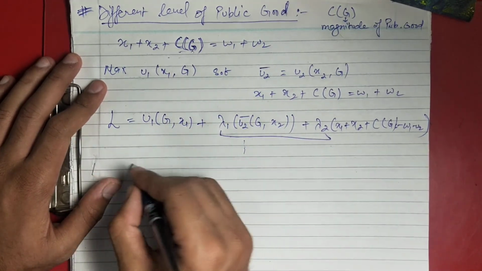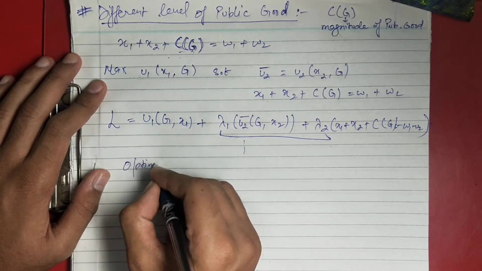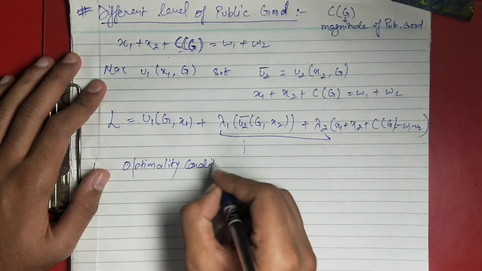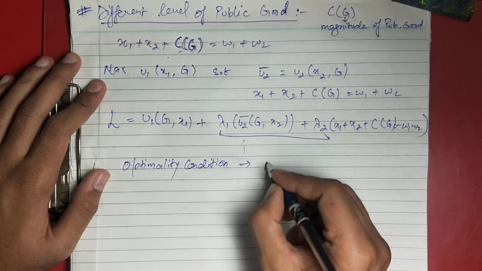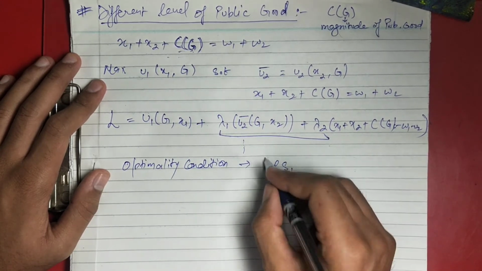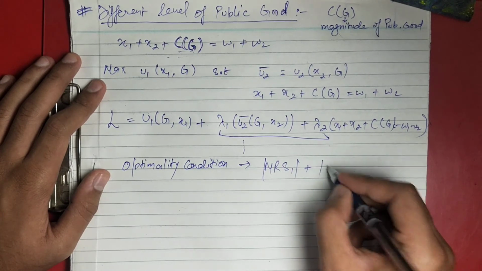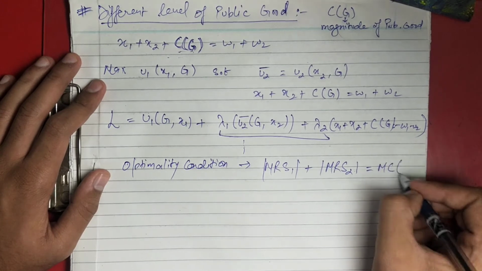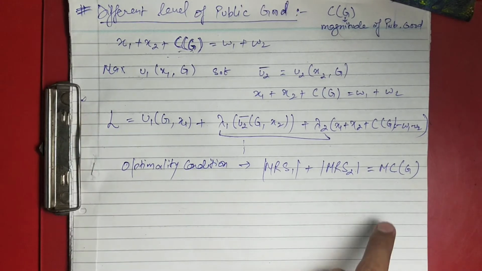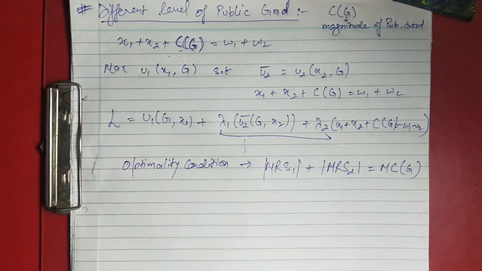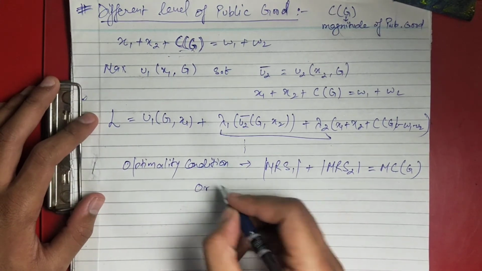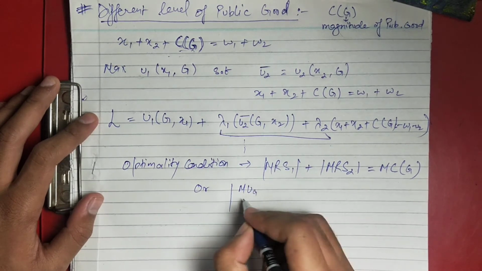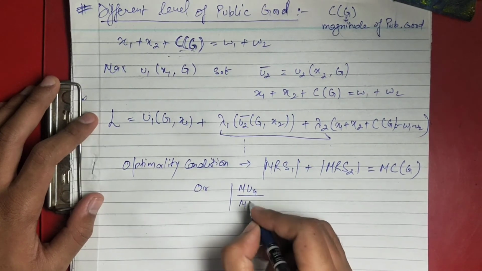After solving, you get the optimality condition, which comes out to be: the modulus of MRS of 1 plus MRS of 2 should be equal to MC of G, the marginal cost of G. If I rewrite this, MRS is the marginal utility of good 1 upon the marginal utility of good 2.